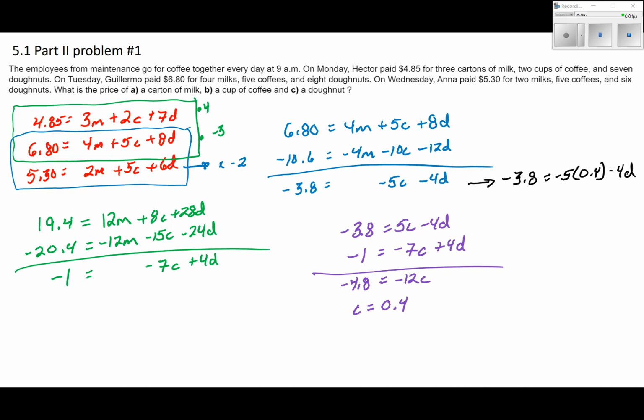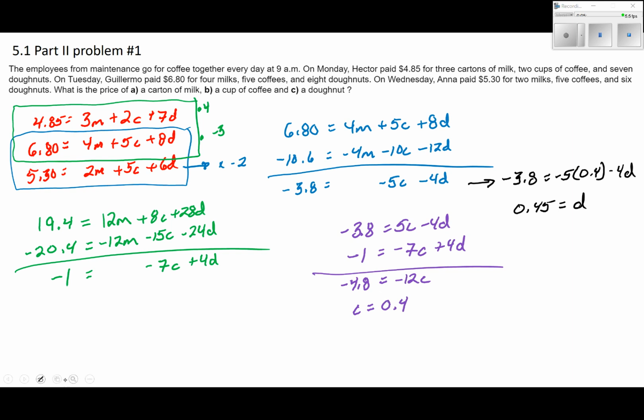If I solve this, if I add -5 times 0.4 and add that to -3.8, I end up with 0.45 is equal to D. I add them and then divide by that -4. So now I have C, I have D.